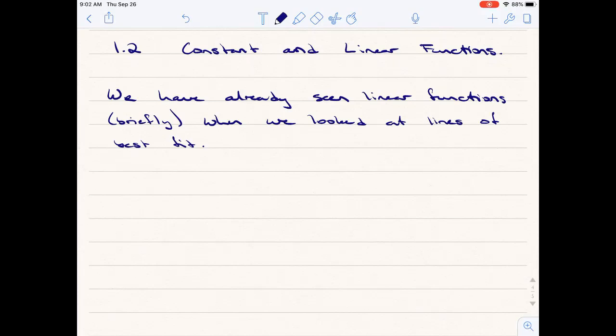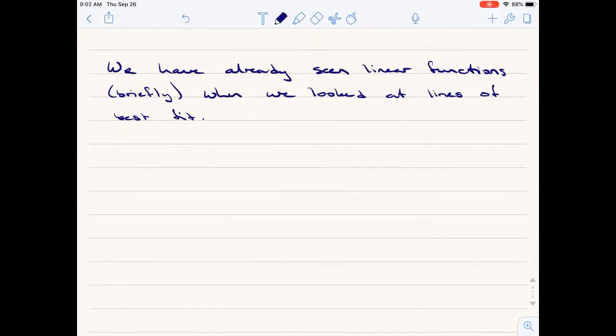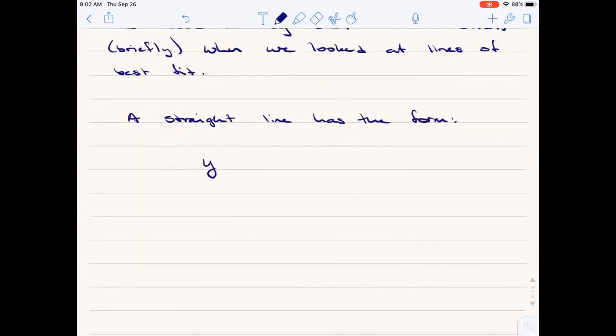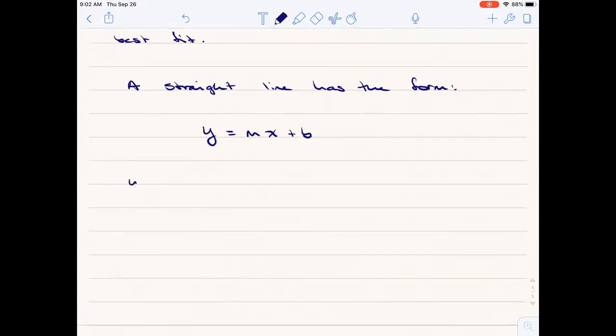As a little refresher, right? A straight line has the form y equals mx plus b, where m is the slope, and b is the y-intercept.